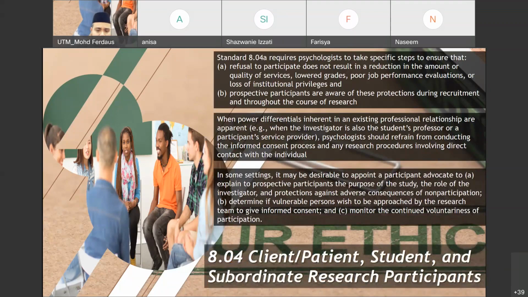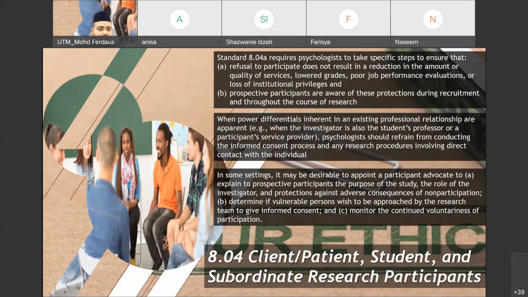Okay, for this particular standard, standard 8.4A, it requires psychologists to take specific steps, specific measures to ensure that refusal to participate does not result in a reduction in the amount or quality of services if they are clinical psychologists, or lowered grades if they are lecturers, a poor job performance evaluation if they are the supervisor or boss of a particular employee, or loss of institutional privileges.